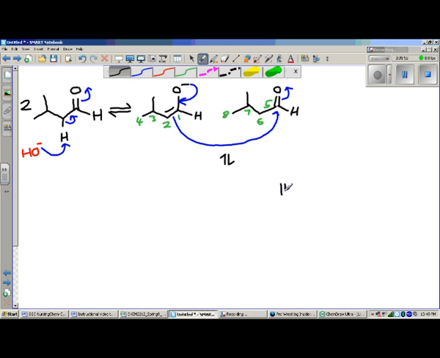So let's just start off. Here is carbon 1 with the hydrogen on it. Alright, and I'm going to draw out carbons 2, 3, and 4. Uno, dos, tres, cuatro.